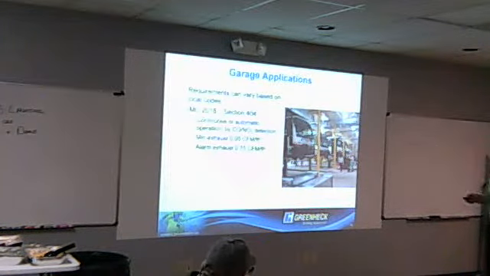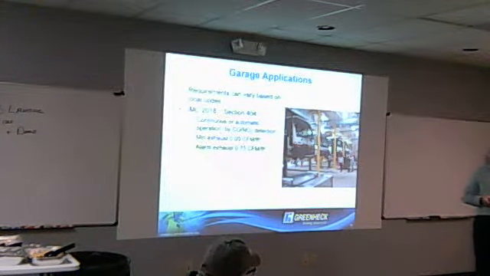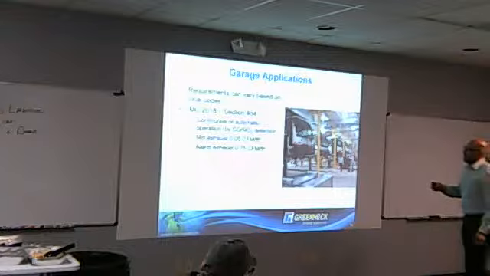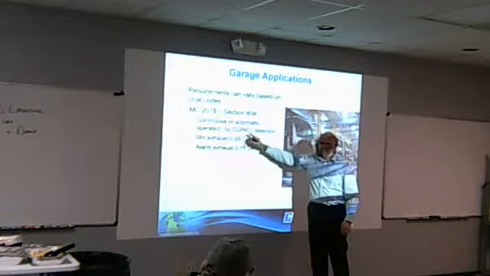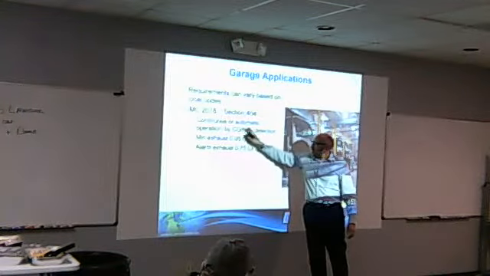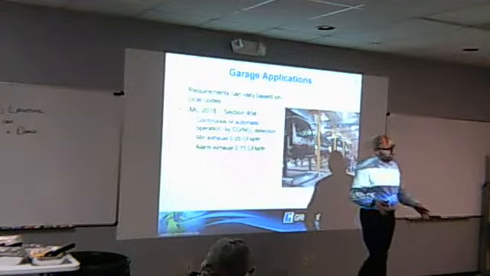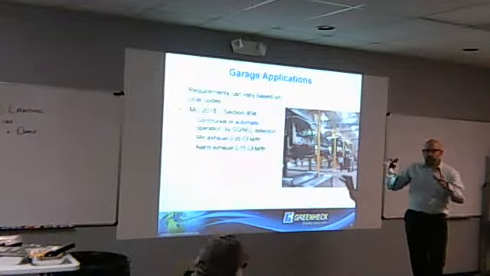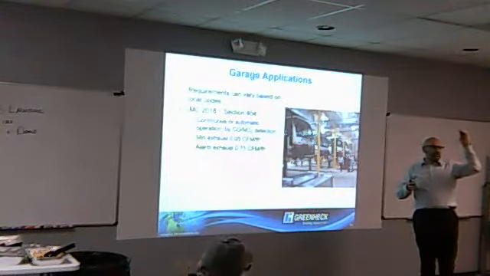Garage applications. Obviously, local codes apply. In a garage, there's usually a constant ventilation component that you need to be watchful for, and then you're monitoring for carbon monoxide and nitrogen dioxide. Mostly diesel, so we usually have dual sensors that sense both. If the system sees an elevated level, it kicks on the exhaust fan.